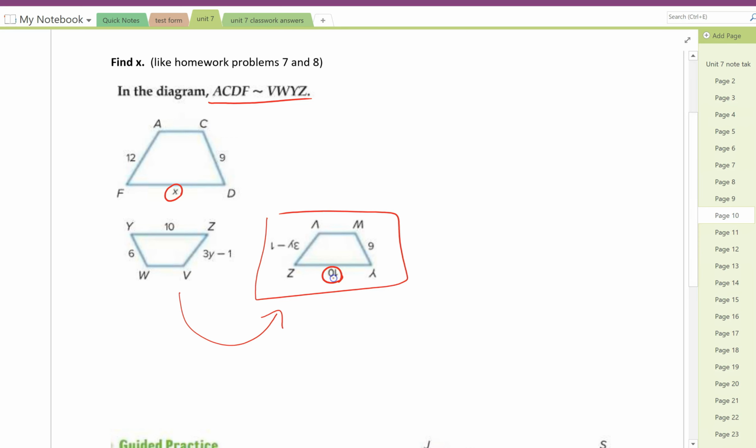Right? And I know that 10 corresponds with X. In other words, FD corresponds with YZ or ZY. Right? And I know that the length of FD is what I'm looking for. That's X. And the length of YZ is 10. Okay, but that doesn't really help me out. That's just telling me what I'm looking for. Okay, so what I'm going to have to do is figure out the scale factor here.